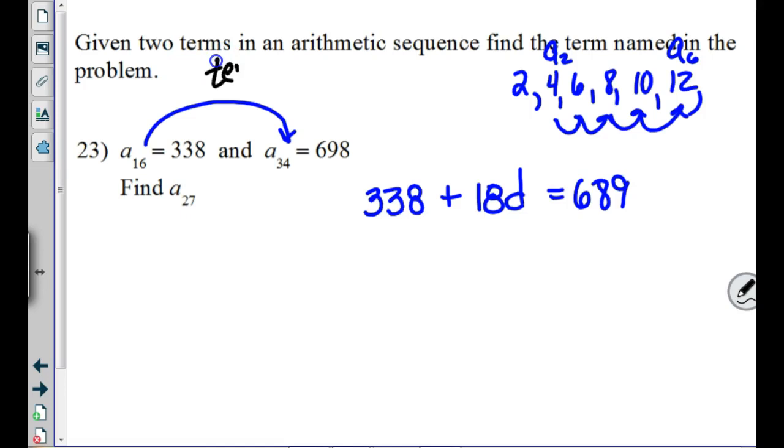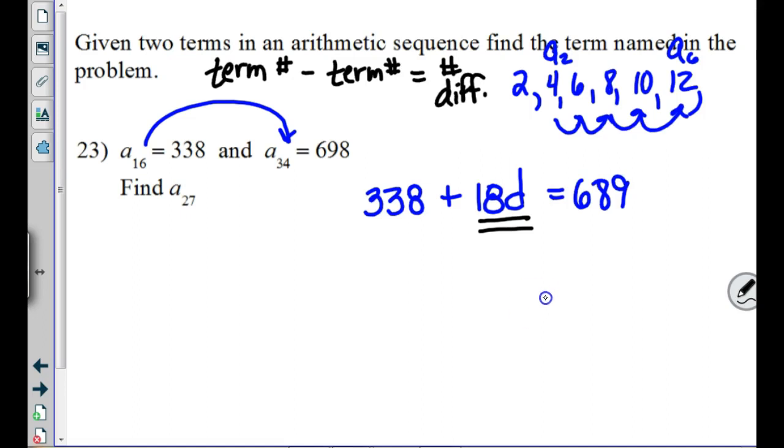So let's write up here ourselves a little note. Term number minus other term number equals the number of differences. So 34 minus 16 gave us 18, and that meant 18 differences were added here.